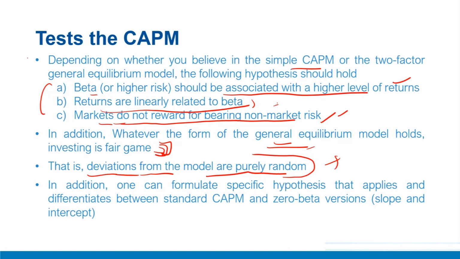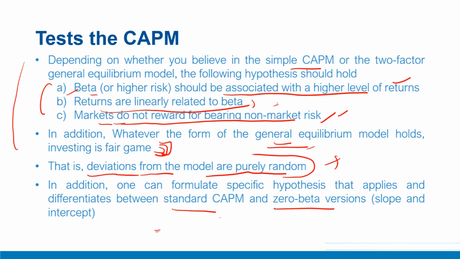Lastly, once these common assumptions are taken care of, that is the presence of beta as a systematic risk measure and its relationship with expected returns, for the specific assumptions pertaining to a given general equilibrium model, be it standard CAPM or the zero beta version, one can make certain specific hypotheses to find the correct model.